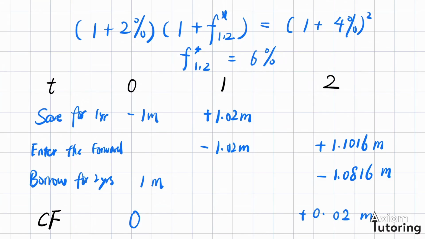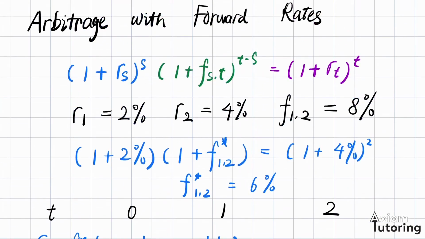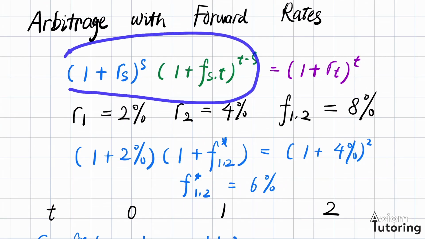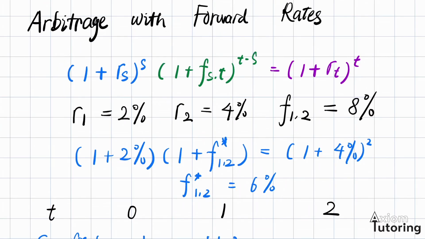Let's sum it up. Since this equation has been violated because of the forward rate, I follow whichever side gives me the higher return. In this case, the left-hand side provides a higher return, and the right-hand side is cheaper. So we do the opposite of the cheaper one and follow whatever is higher. We save for 1 year and enter the forward contract from year 1 to year 2, and we get the money by borrowing at the cheaper rate.